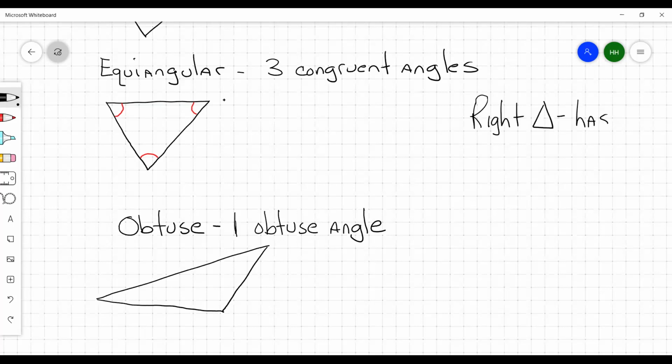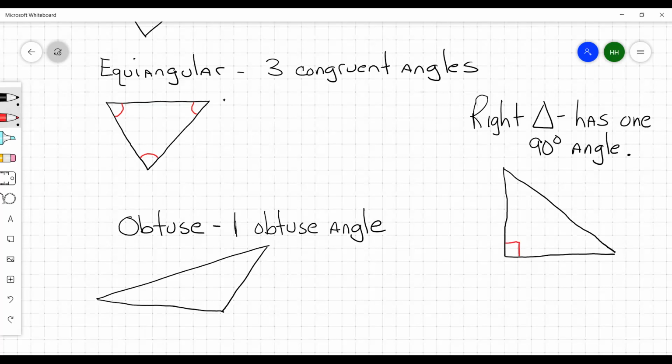And that has one 90-degree angle. So 4 different ways to classify triangles by angle measure: acute, equiangular, obtuse, or right.